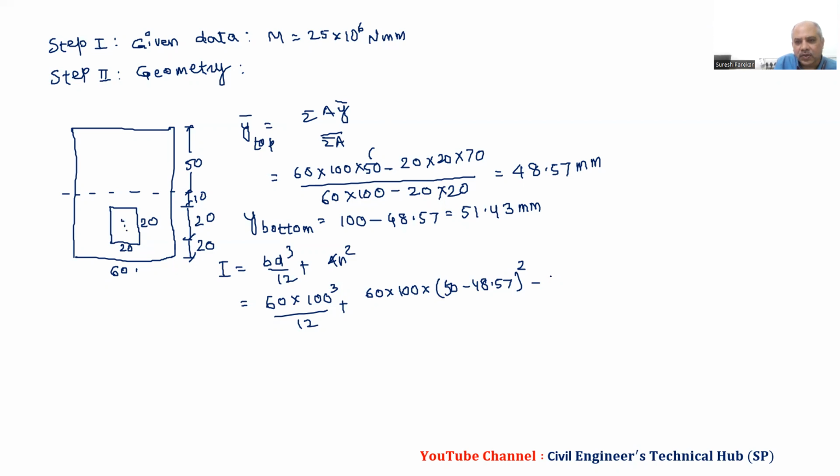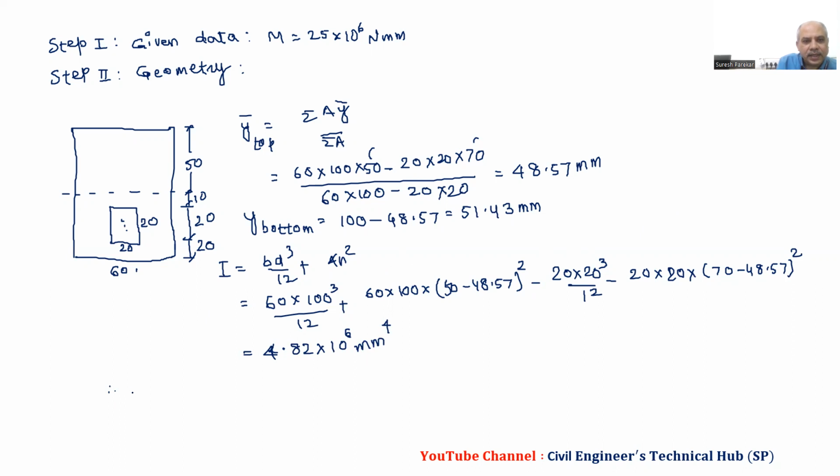So we have BD cube by 12, then minus 20 into 20 into H, we have this as 70. So 70 minus 48.57 whole square. And from this, we will get value of I as 4.82 into 10 raised to 6 millimeter to the power 4. And therefore, we will get that M is given.